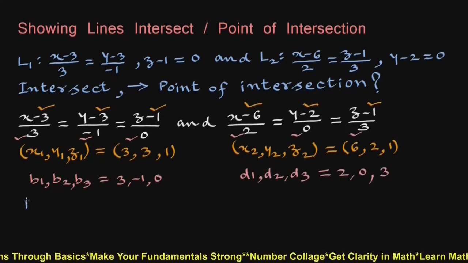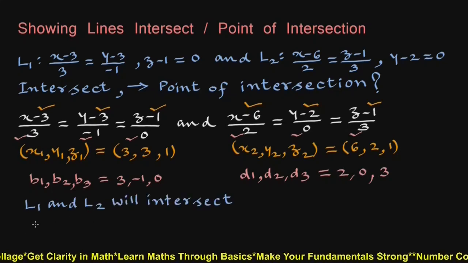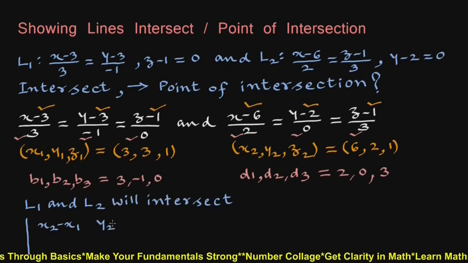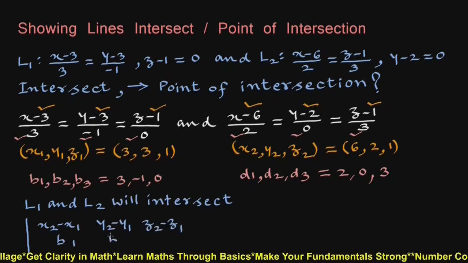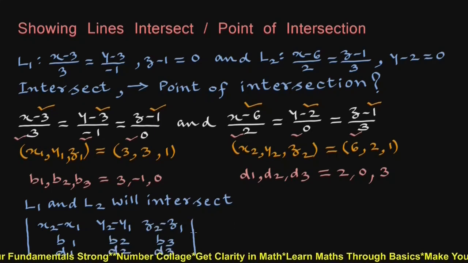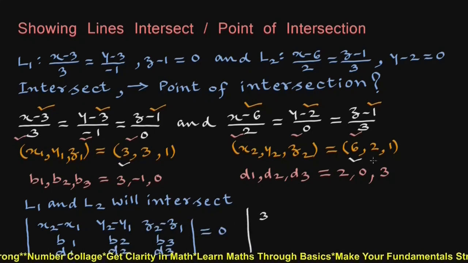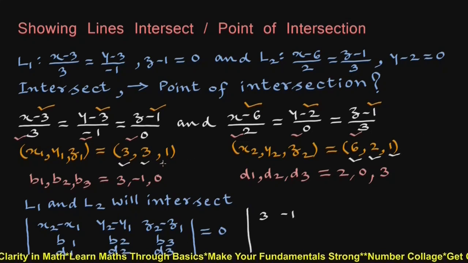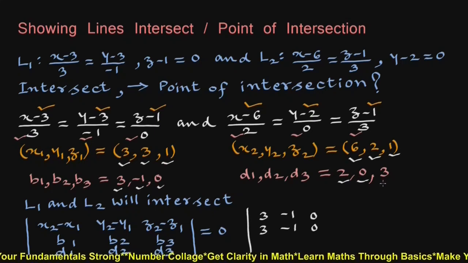We know that lines L1 and L2 will intersect if the determinant of x2 − x1, y2 − y1, z2 − z1; b1, b2, b3; d1, d2, d3 is 0. Now 6 − 3 = 3, 2 − 3 = −1, 1 − 1 = 0; 3, −1, 0; 2, 0, 3.